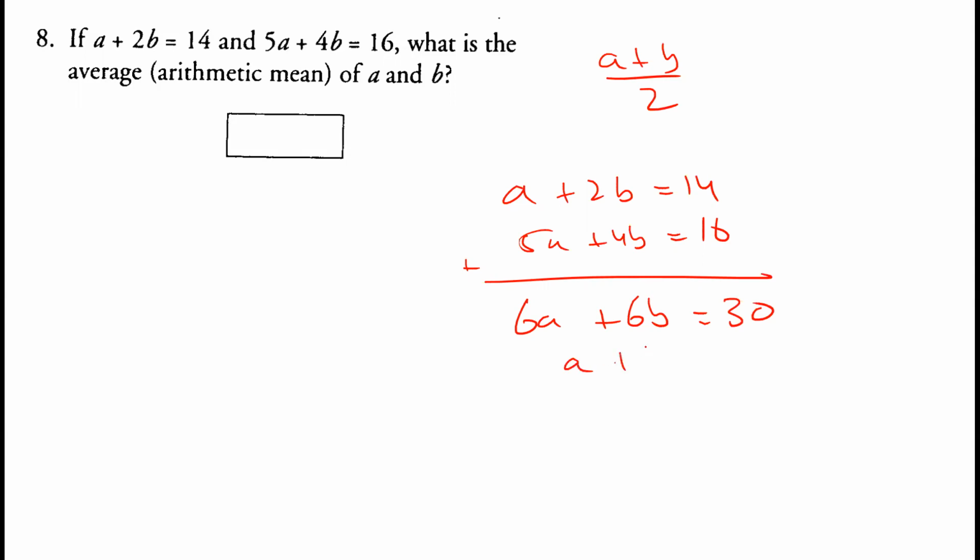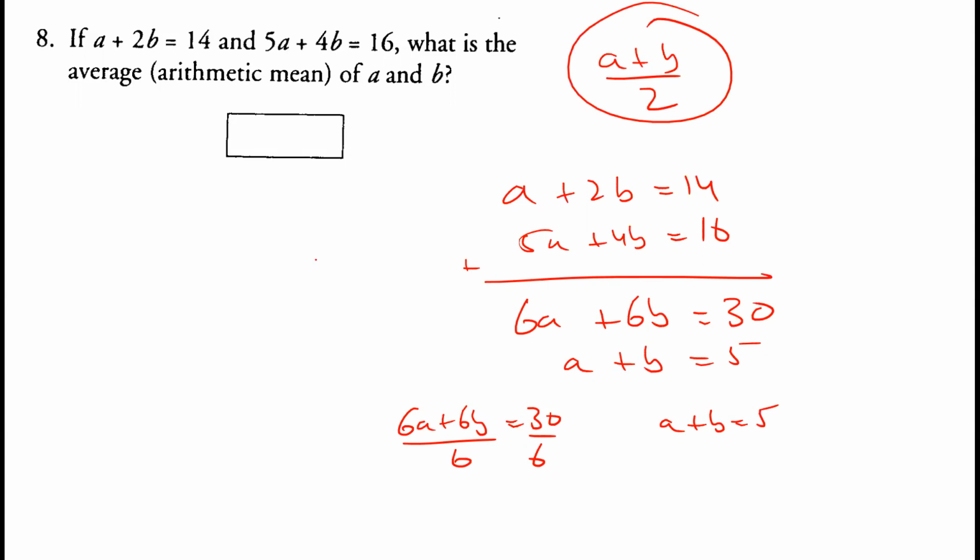So 6a plus 6b equals 30. If we divide both sides by 6, this would be a plus b equals 5. Now, we need to find a plus b divided by 2. Dividing by 2, 5 by 2 is 2.5.